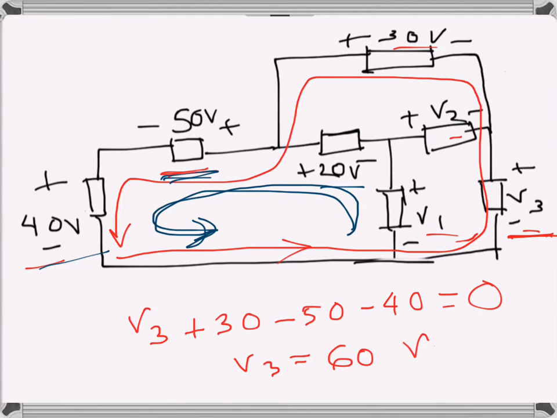We have found V3, we have found V1, we need to find V2. So we will choose another loop, and let's do this loop like that. So V2, 30 volts and 20 volts, those three. Now V2 is a drop when we go in the counterclockwise direction.